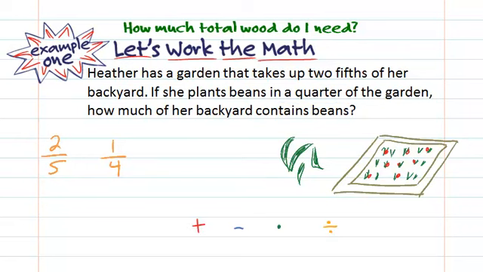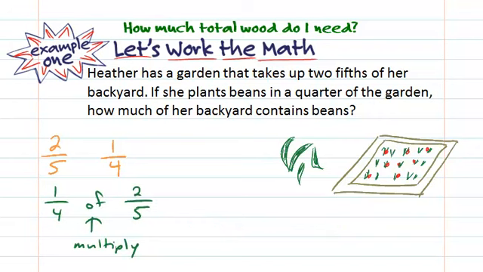Our next step is to figure out what operation we need to perform. Well, we want 1/4 of the garden, that is 2/5 of the yard. So we have 1/4 of 2/5. And since we know that "of" means multiply, we take 1/4 multiplied by 2/5. Our last step is to complete the operation.